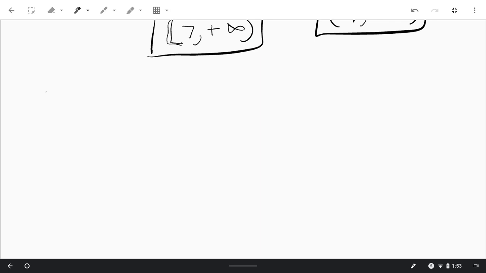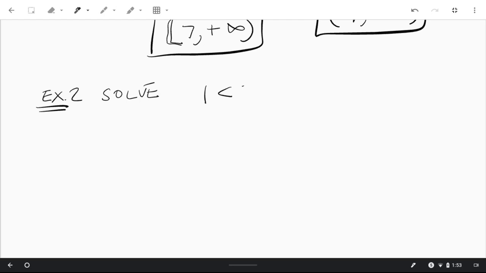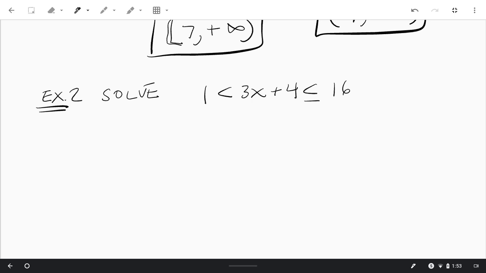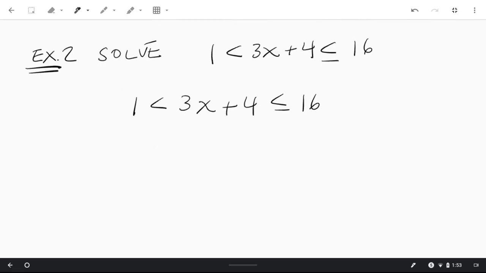Let's take a look at this example here. Let's solve this inequality: 1 less than 3x plus 4 less than or equal to 16. I'm going to write that down here so we can do the work. Here we have the variable in the middle, and we need to get that variable by itself.